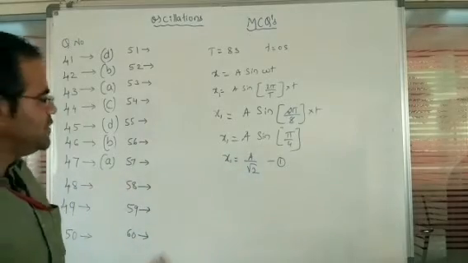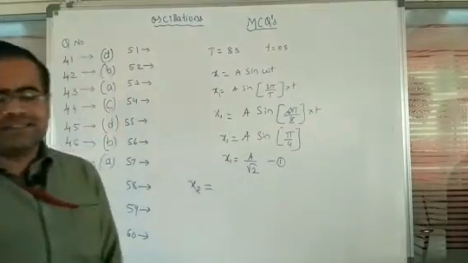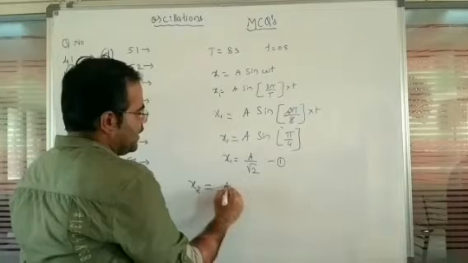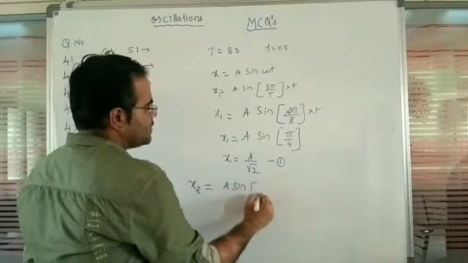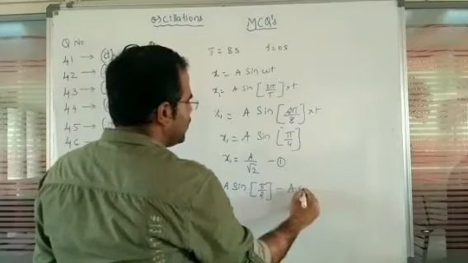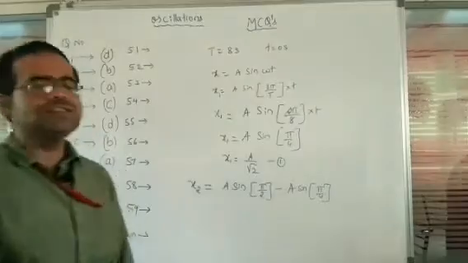Next, we have to identify the distance traveled for the second second. So when we observe here, that is given by A sine of pi by 2 minus A sine of pi by 4. So this is the second second. So this is the equation.